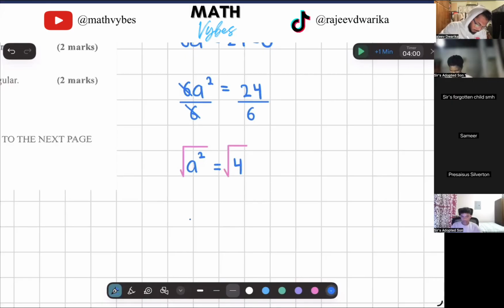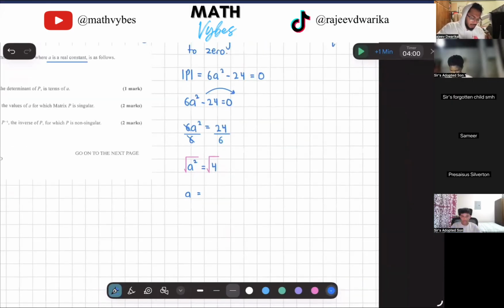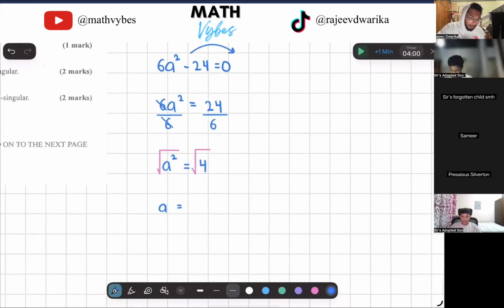Right. Now, if you are an exceptional student, which I believe all of you guys are, this is what I would recommend, to go one step above. So pay attention, guys. When you find the square root of 4, is there only one solution or are there two solutions? There are two. A would be equal to plus or minus 2.